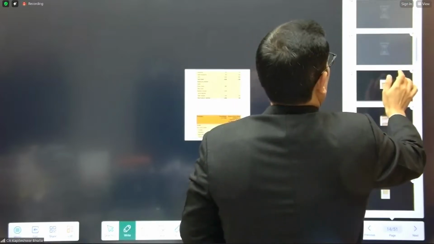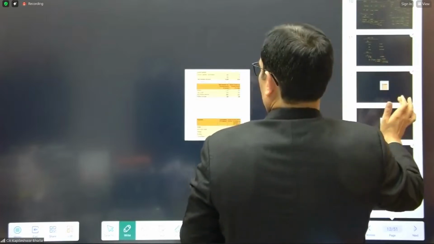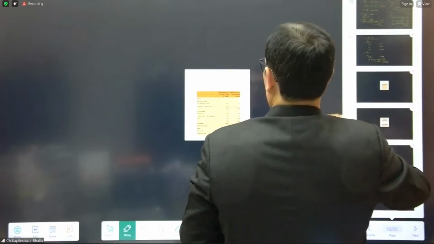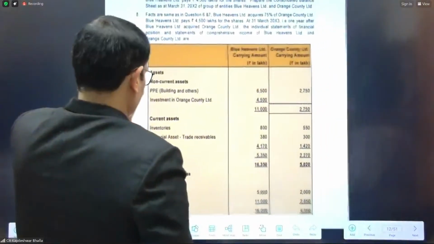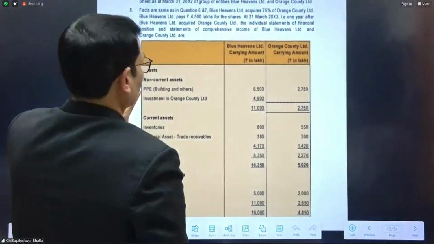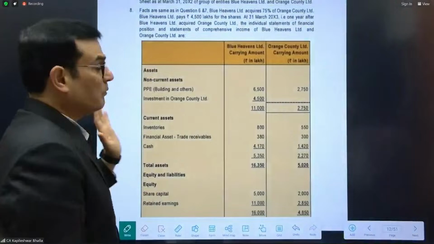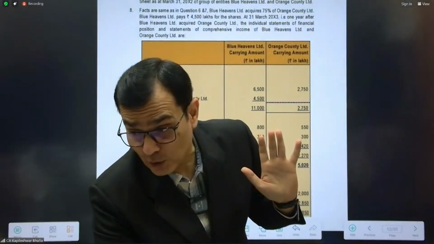So there is an interesting question in the study material. Yes, that is question number 8. Let's have a read of question number 8. If you remember, in the previous classes I covered question number 6 and 7 in the study material. That was on case number 1 and case number 2, the Orange County question.